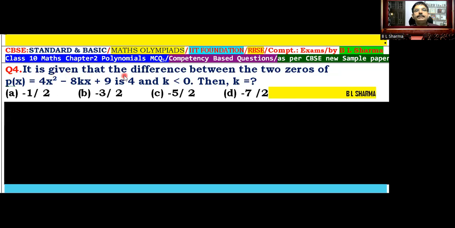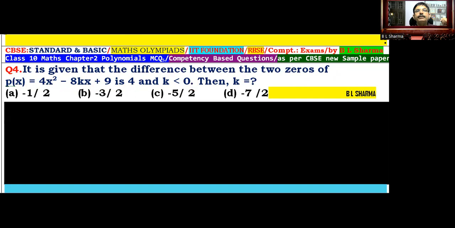It is given that the difference between the two zeros of the quadratic polynomial 4x square minus 8kx plus 9 is 4, and the value of k is less than 0.